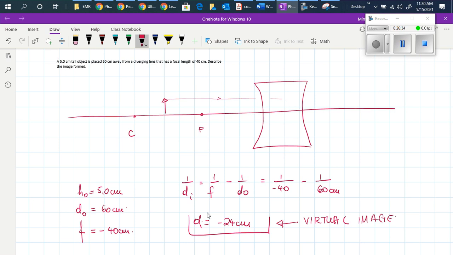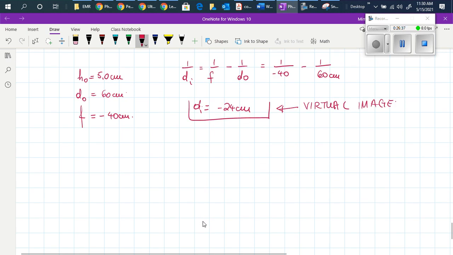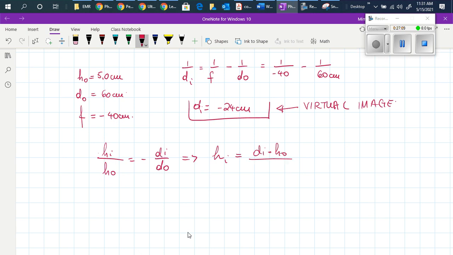Let's take a look now at what the height of the image is, and if it is erect, like upright. So the same as the previous one, HI over HO is a negative DI over DO. And from here we find that the height of the image is negative DI times HO divided by DO.